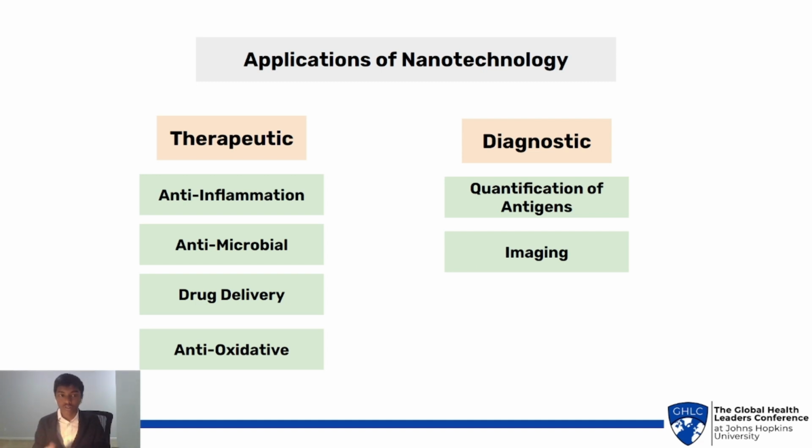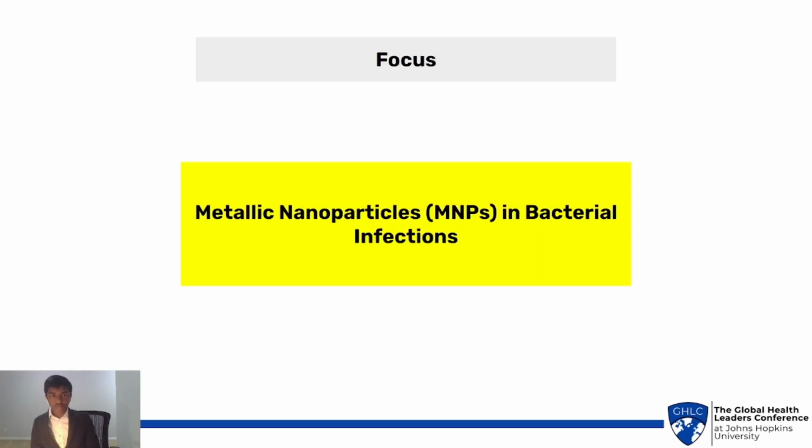In therapeutic, you have anti-inflammation, antimicrobial, drug delivery, antioxidative applications, and combinations of these. For example, you can have drug delivery with antimicrobial effects in the nanoparticles. In diagnostic, we have quantification of antigens and even imaging. Today's focus will be just metallic nanoparticles in bacterial infections, and the shortcut for metallic nanoparticles is MNPs.